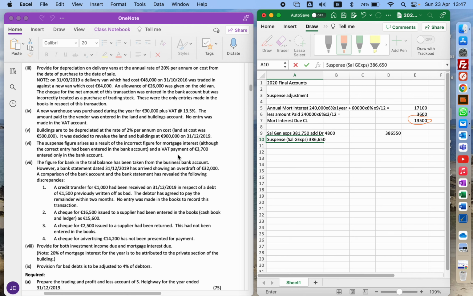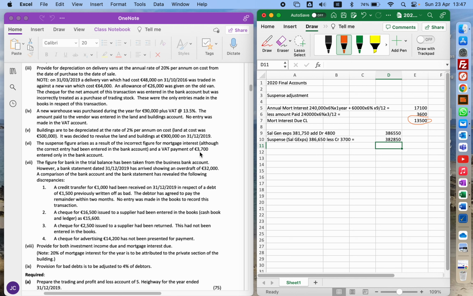Going back to my VAT, I should be putting a debit in VAT, so that means I'll have a credit in this suspense account, so less a credit of 3.7 equals, so there's the new figure for salaries and general expenses.